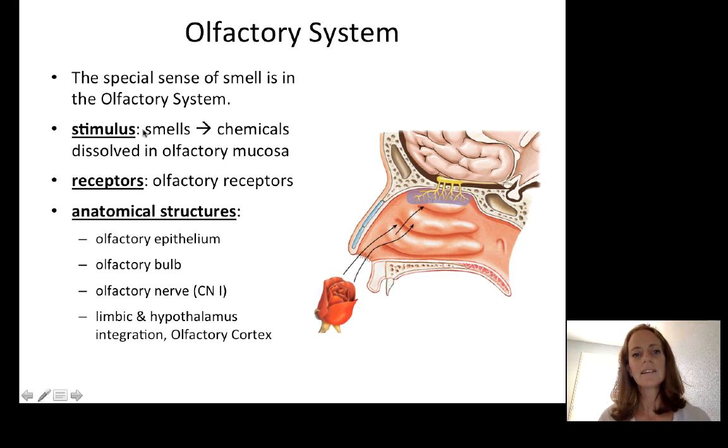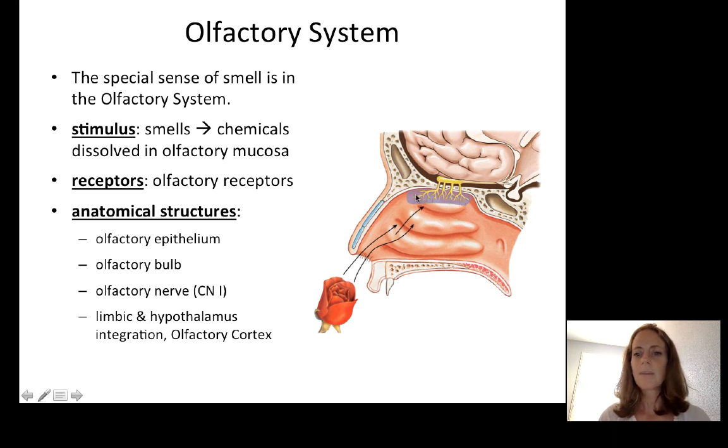So the olfactory system is bringing in smell information, which is actually chemicals that are dissolved in the olfactory mucosa or in the cells of the nose. So these chemicals will be dissolved and they will be sensed by special sensory receptors, the olfactory receptors in the nasal epithelium.